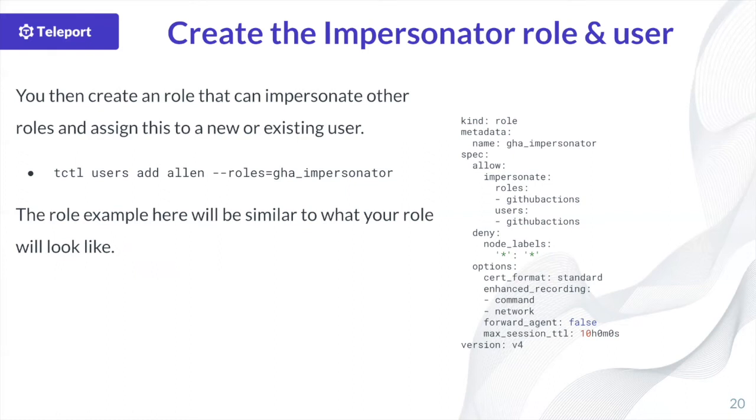This impersonator role, whoever has it, can impersonate the GitHub Actions user and the GitHub Actions role. And then we're limiting their time to live just a little bit less there. So whoever has this is really only going to be able to log in and leverage Teleport for about 10 hours until they need to renew their certifications.